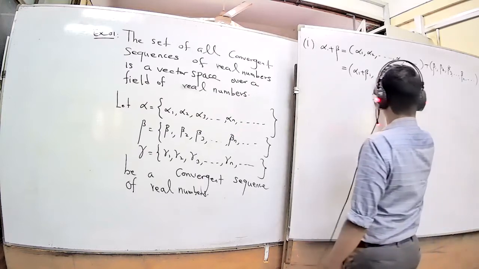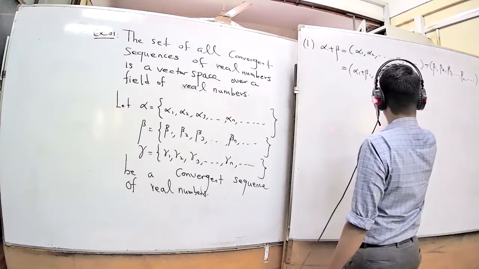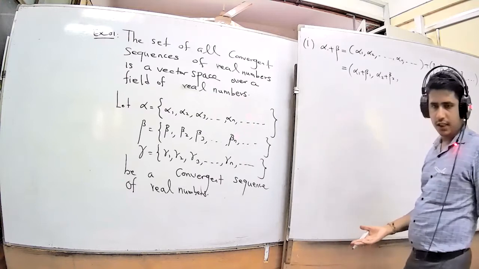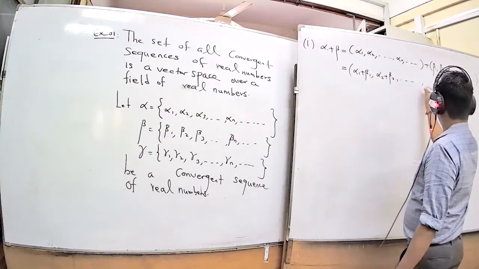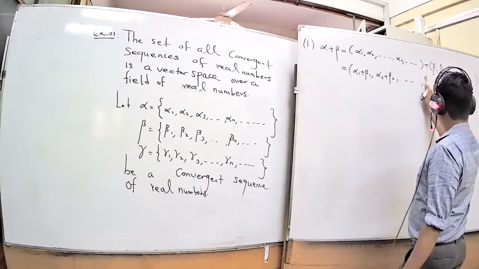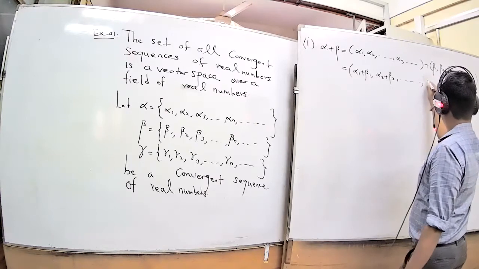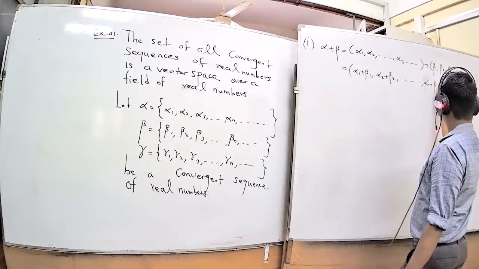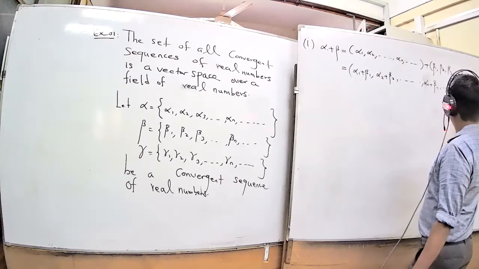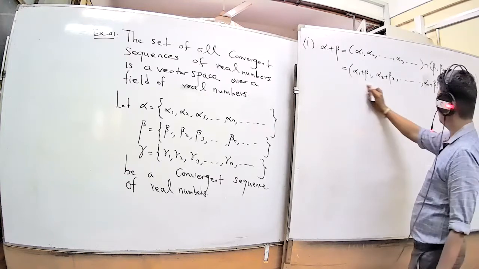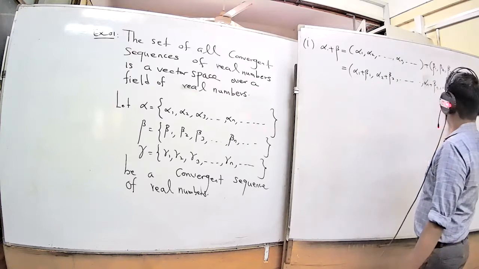Similarly alpha 2 plus beta 2 is also convergent, and so on, alpha n plus beta n is also convergent. Each of these values is convergent.